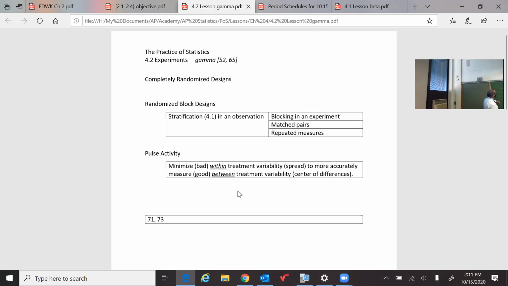Good? Then next one's 74. Right? 68, 62, 72, 70. They would be matched pairs because you were matched with your pre-score.